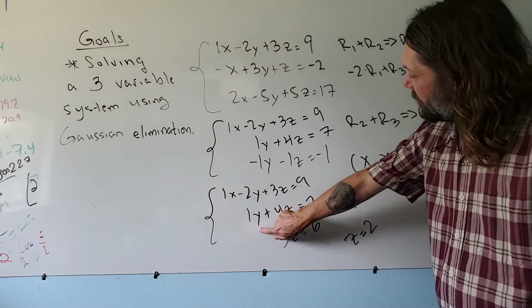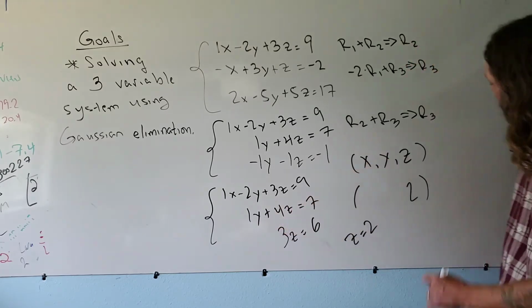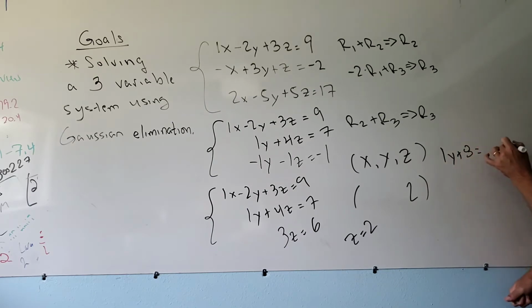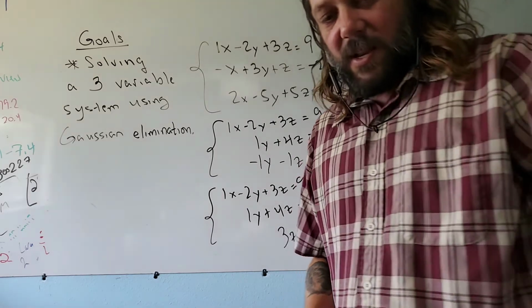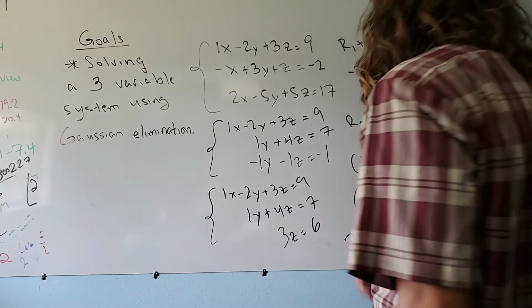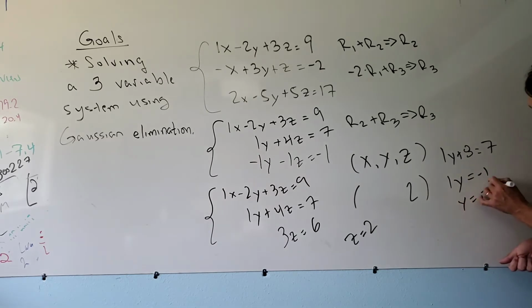So this becomes 1y plus 4 times 2 is 8. So 1y plus 8. I'm not doing it in my head, I'm doing the work over here, and I hope that's in the screen. And it is, just barely. So 1y plus 8, so 1y, we subtract the 8, 1y equals negative 1. Y equals negative 1.